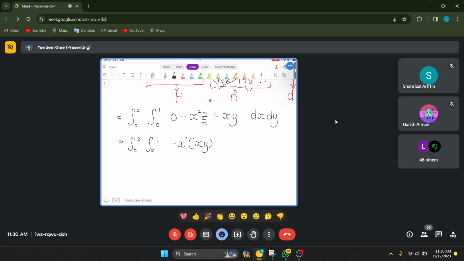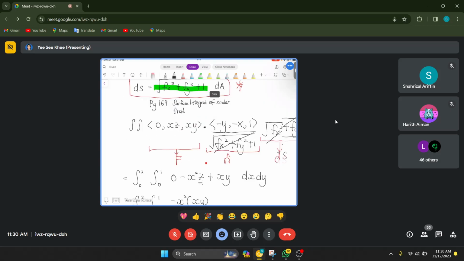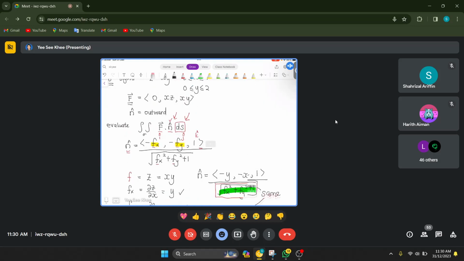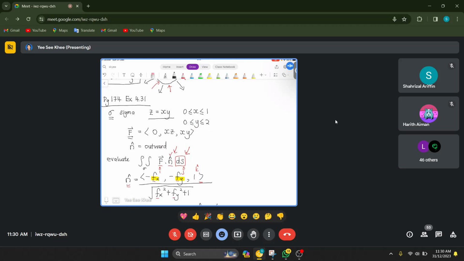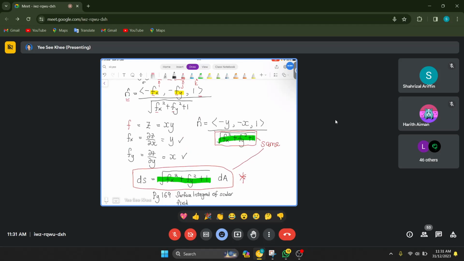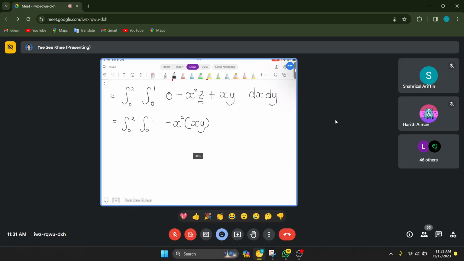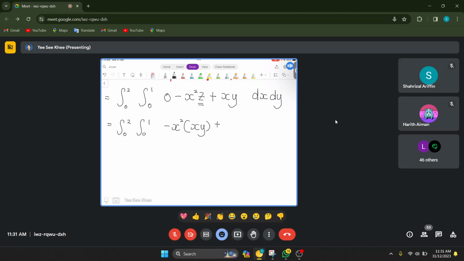This is the equation for the surface, z equals xy. Then plus the xy, dx dy. So let's solve this thing. You could get negative x cubed y plus xy, dx dy.